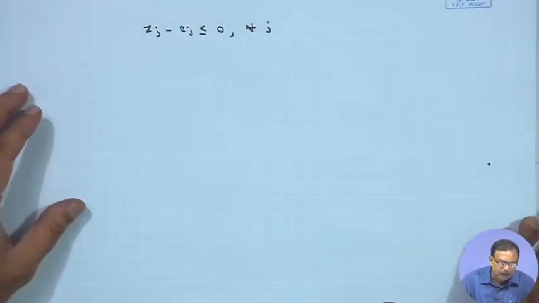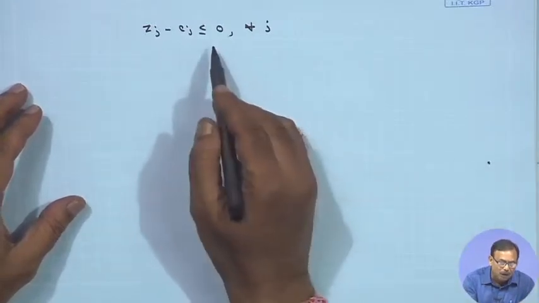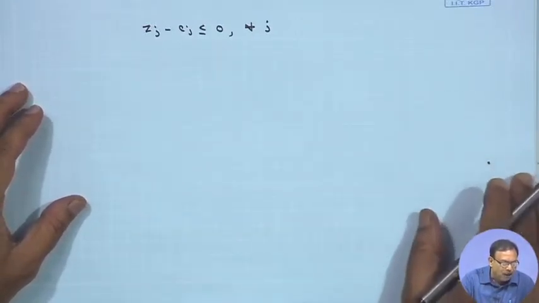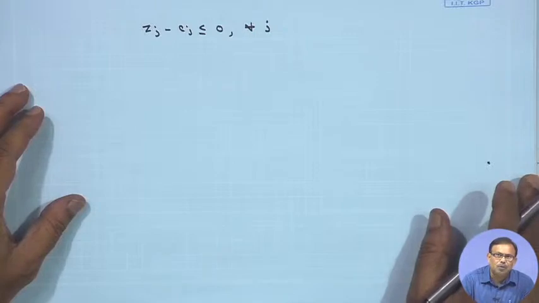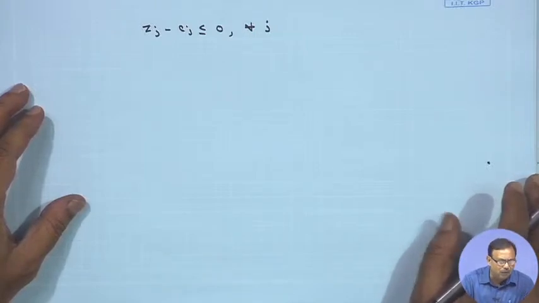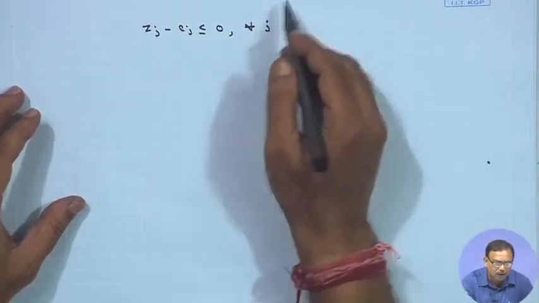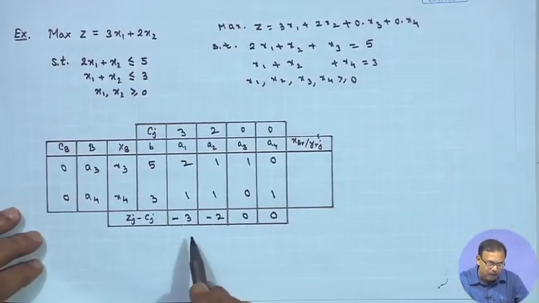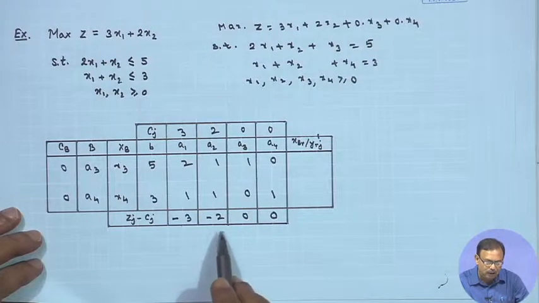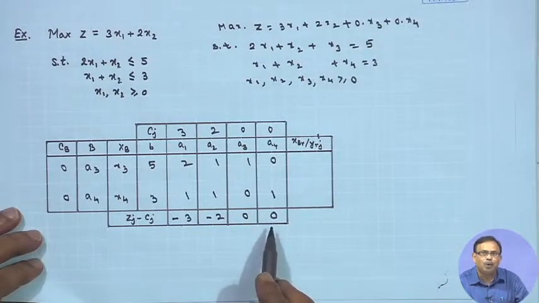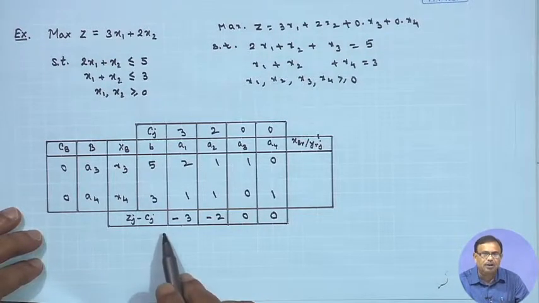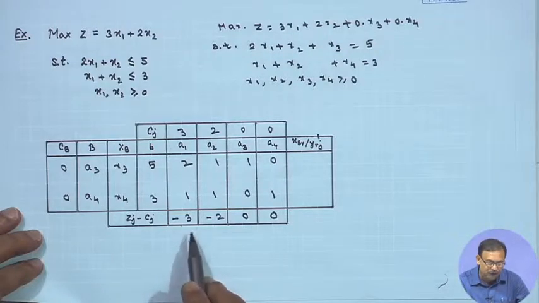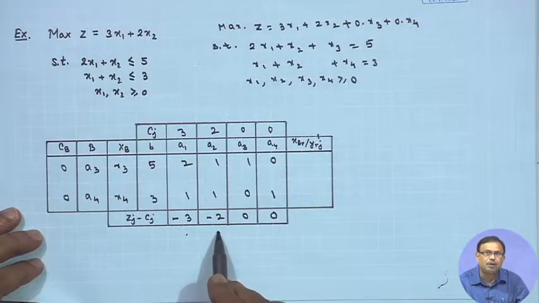Since it is not optimal, what I have to do is create a new constraint by adding one artificial constraint. So, how many variables do you have? x 1, x 2, x 3 and x 4. Your z j minus c j is less than 0 for which variables? Only for x 1 and x 2.